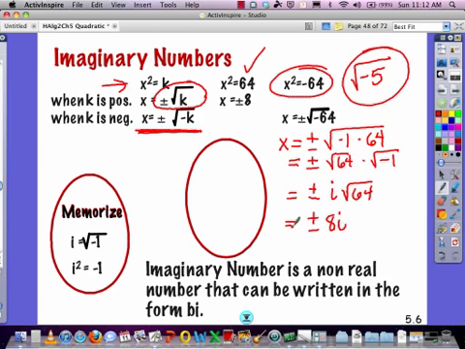And that would be our final answer for simplifying x equals plus or minus the square root of negative 64. And then if we squared this, you would get x squared equals negative 1.